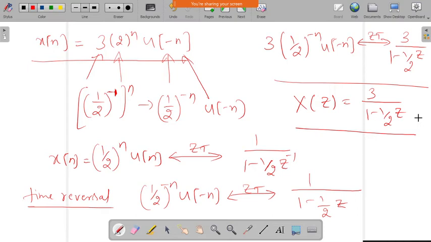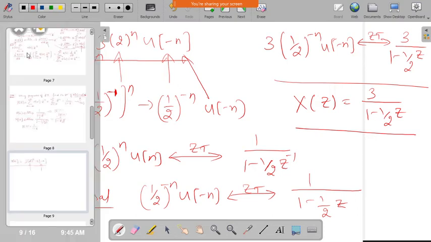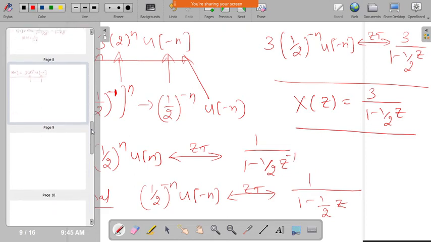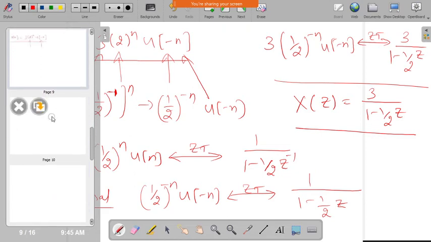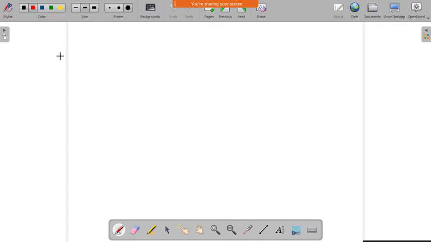Okay, so now try this one: x of n equals n square into half power n into u of n minus 3.